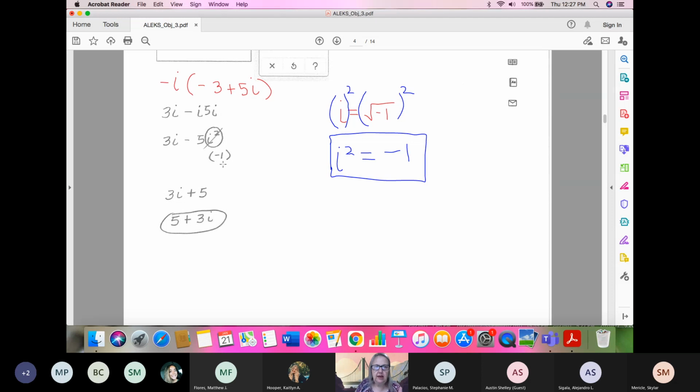And actually, let's be really, really clear about this. And I didn't read this correctly. Let me read it again. 3i minus 5 times a -1. And I say this because this is a common error.